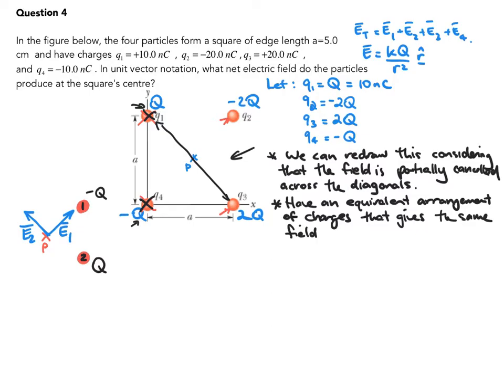So, therefore, the electric field due to 1 is K Q over R1 squared times the unit vector. Okay, so how are we going to work this out? Well, I'll draw the charge up here. So talking about Q1, sorry.